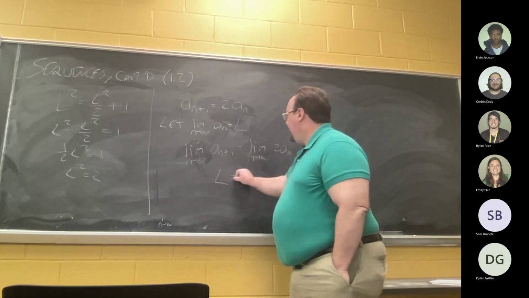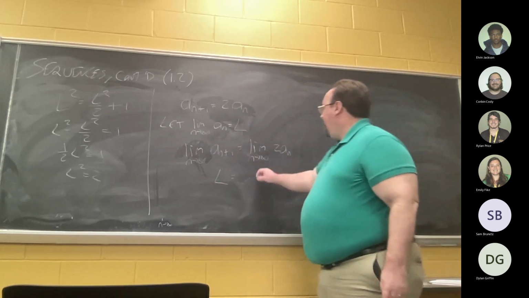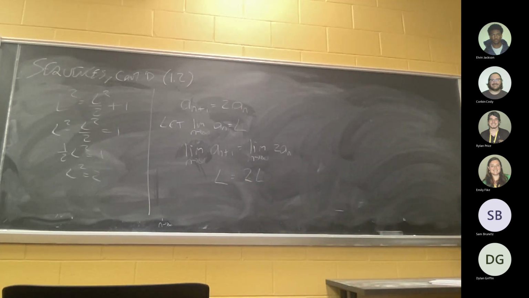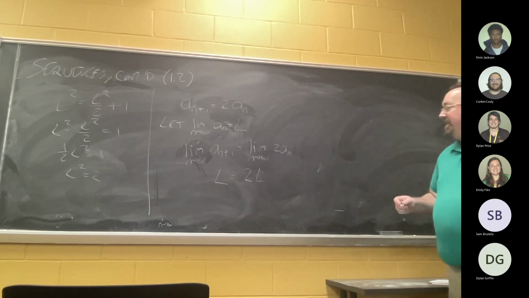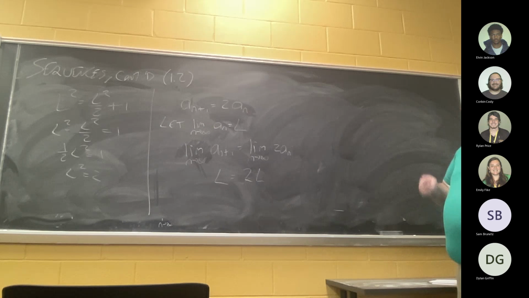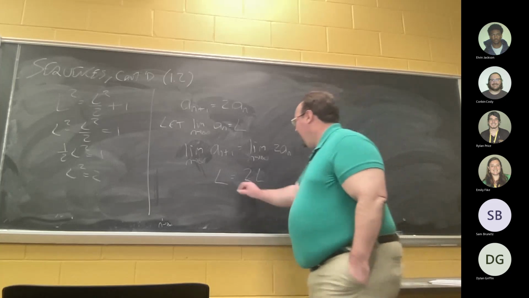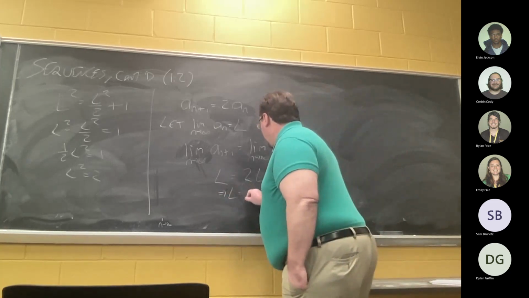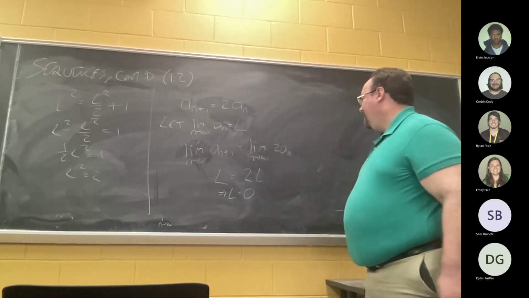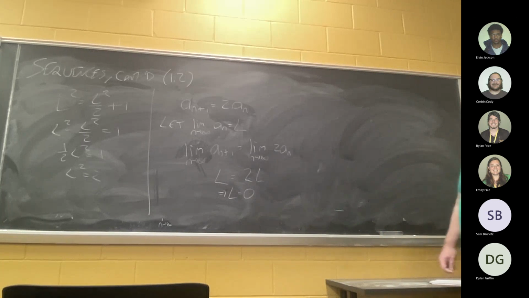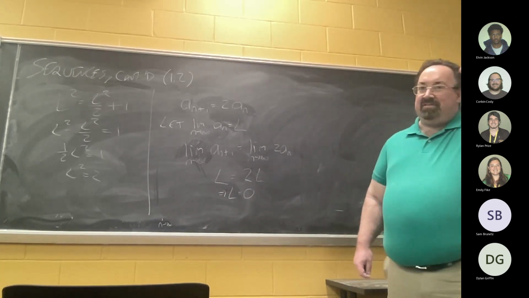Then the left side will be L, and then we would have 2L. Now, if L equals 0, certainly this will be satisfied. That's the only way it can be satisfied, is if L equals 0, because otherwise you'd say 1 equals 2.